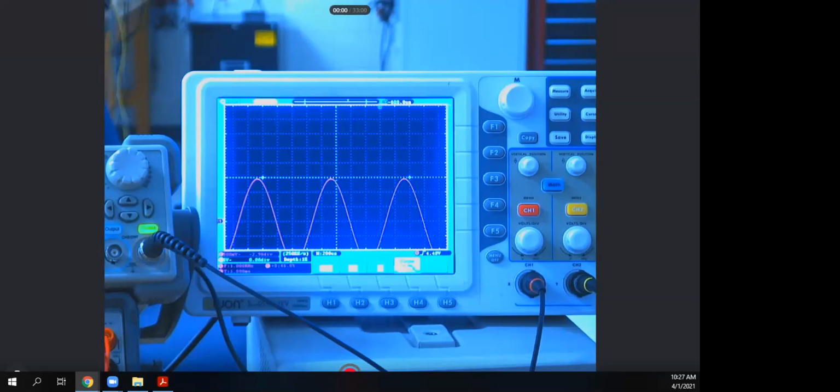Change that to 200 microseconds. Yep. 200 nanoseconds. 2 microseconds. That's it. That's 200 microseconds. It'll be at half a volt per division, so that'd be 500 millivolts.